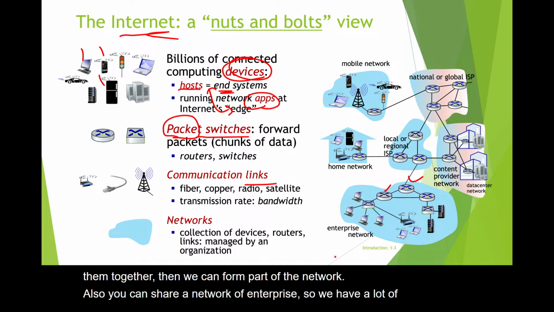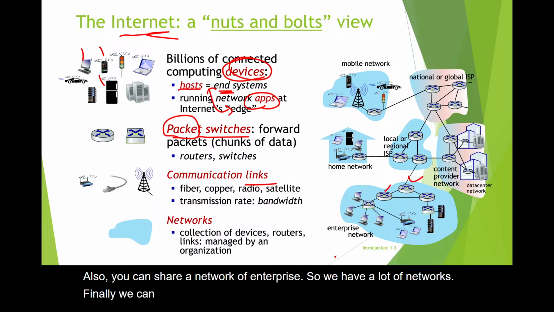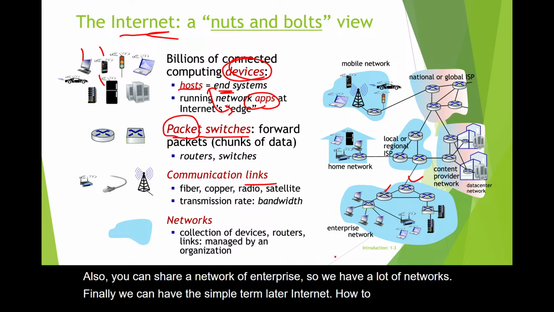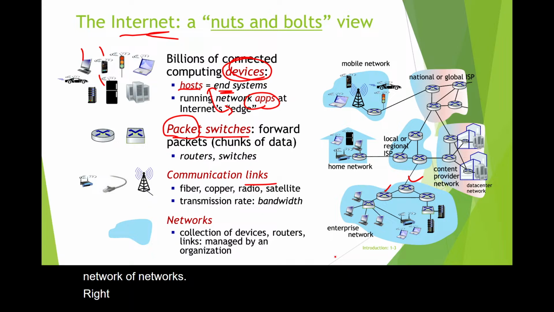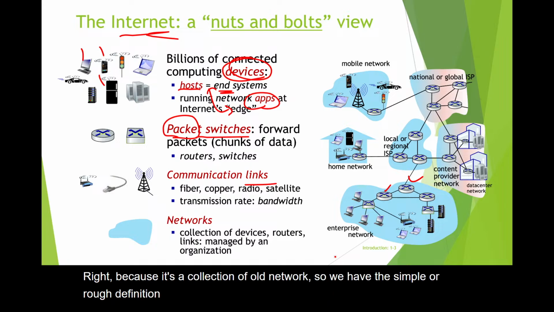Finally, we can have a simple term: how to give a rough definition of the internet. We have all the components here, and it is called a network of networks, right? Because it's the collection of all networks. So the simple or rough definition is that the internet is a network of networks.